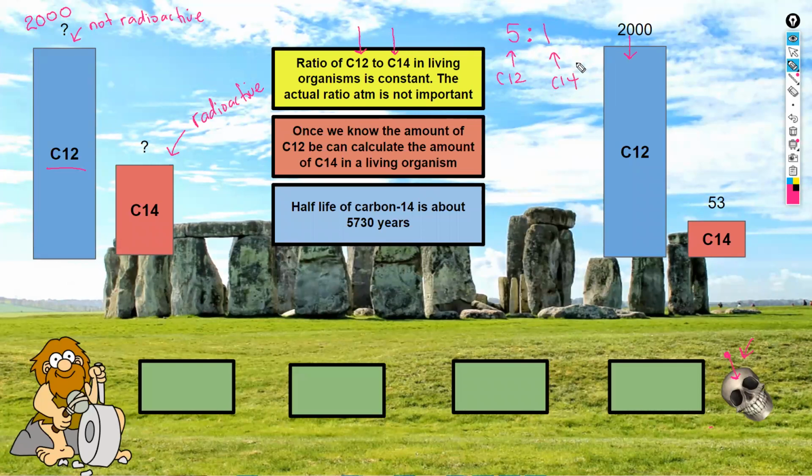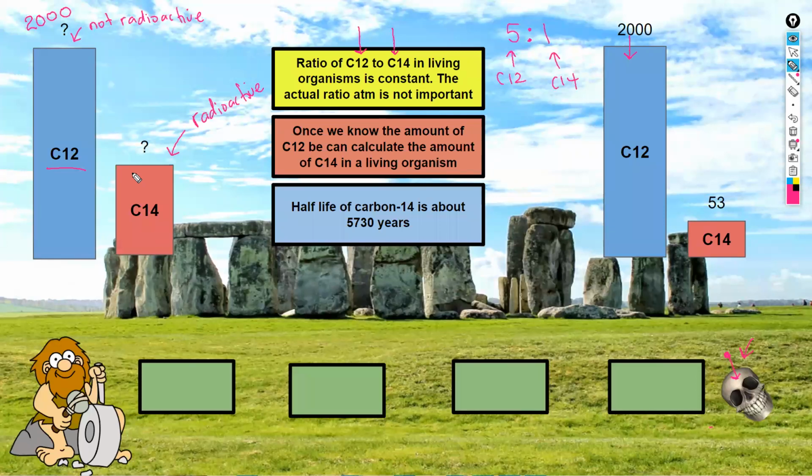But this is only for when the organism is living. Can you all predict how much carbon 14 the caveman will have when he was living? If the amount of carbon 12 is 2,000, we can use the ratio to predict how much carbon 14 he had when he was living.